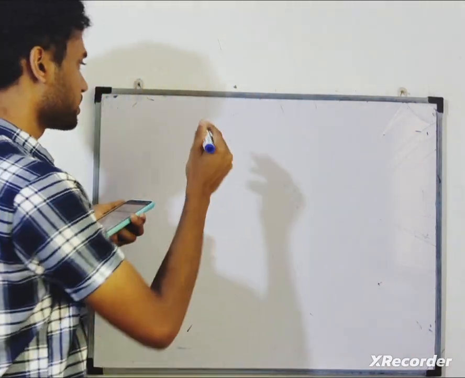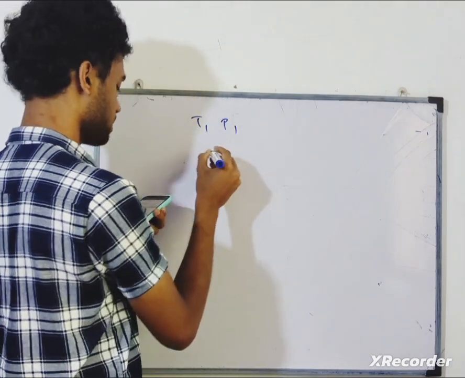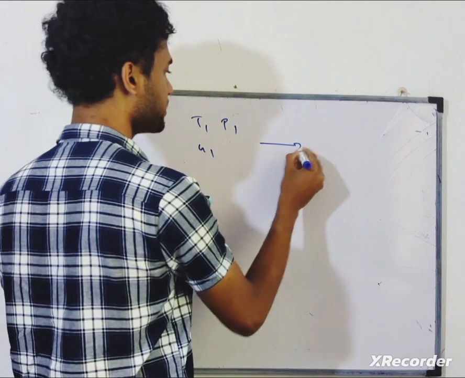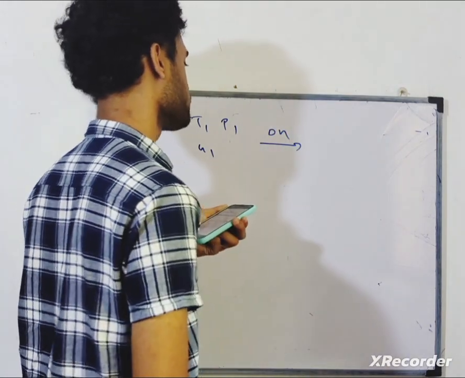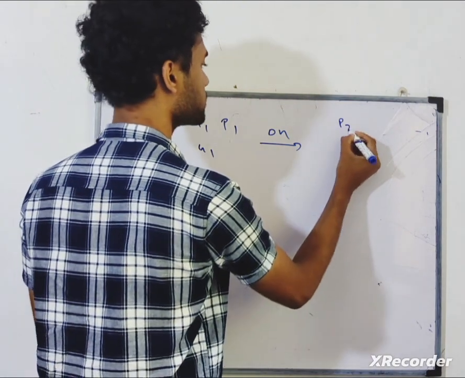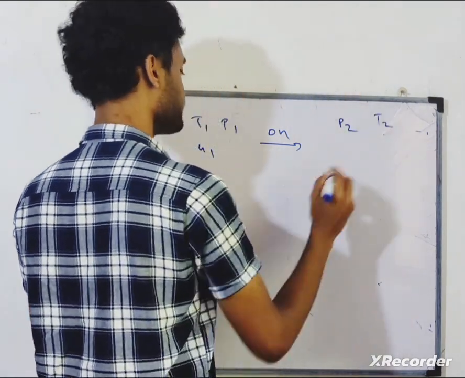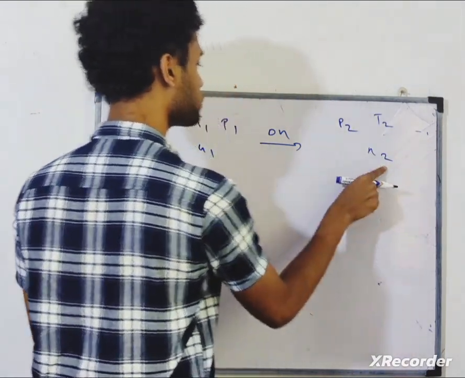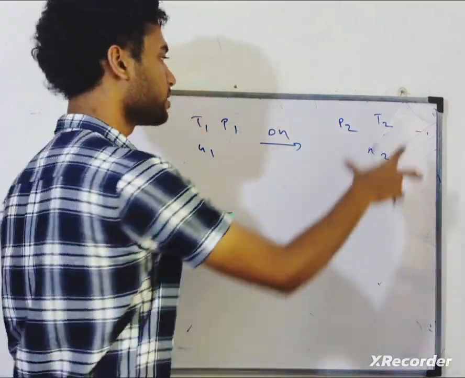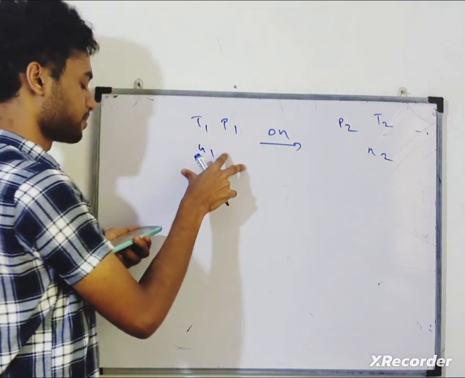Initially we have temperature T1, pressure P1, number of moles N1. After adding a certain amount of moles, the pressure becomes P2, temperature becomes T2, and the new number of moles is N2. So N2 means N1 plus delta N. So this is the final system, and this is the initial system.